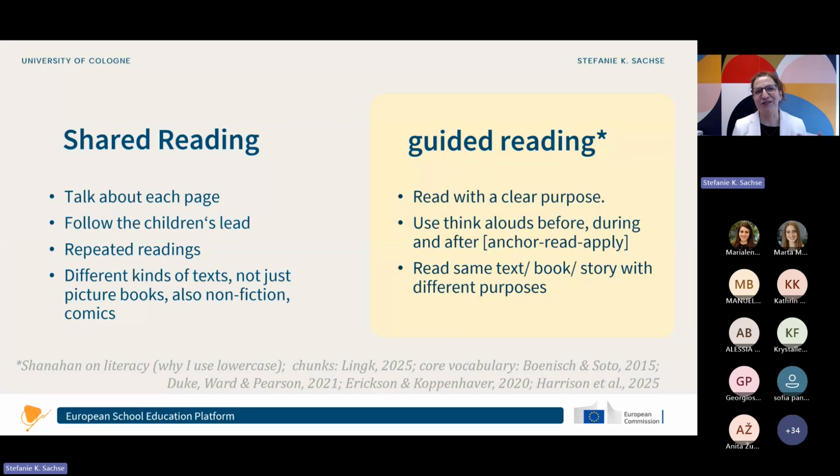And then afterwards, we might check whether we have a good answer to our question. And we often read the same book or story or biography several times. This is rather natural when we talk about emergent literacy. Books we bring, we reread them. Some children love certain books so much we read them maybe more often than we would love to.